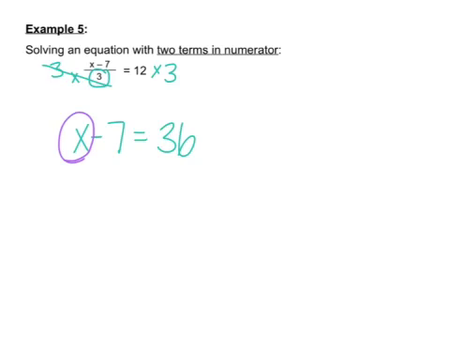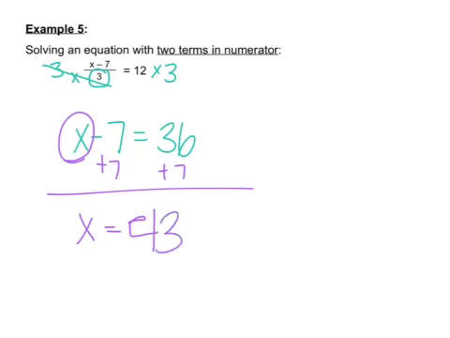And that means then we can go ahead and keep solving how we traditionally would. So I see minus 7. I know to add 7. And I end up with x equals 43. And that would be my final answer. So notice we had to take it out of the fraction before we could work with it.